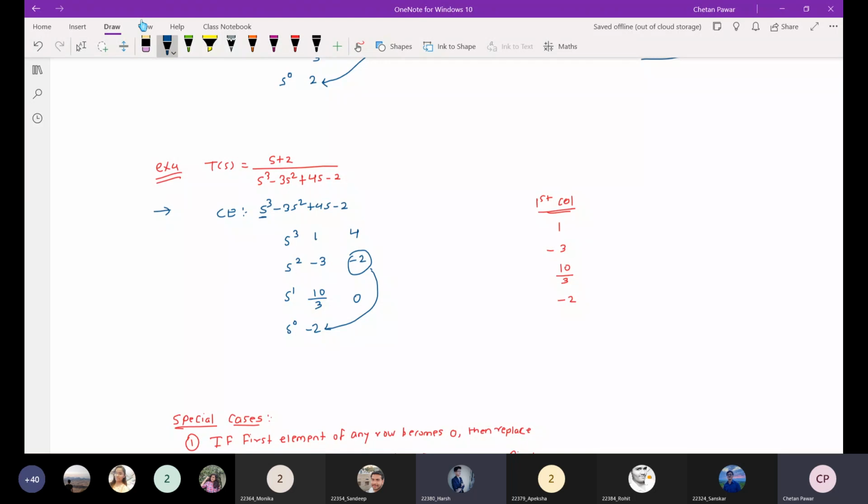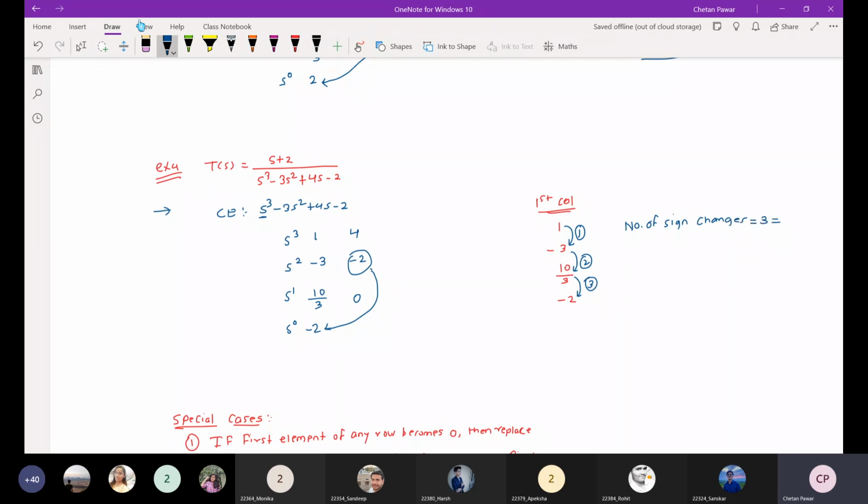If you start from the first element, the sign is positive. So if we go from positive to negative, this is the first sign change. Negative to positive, this is the second sign change. And this positive to negative, that is the third sign change. So the number of sign changes is equal to 3.